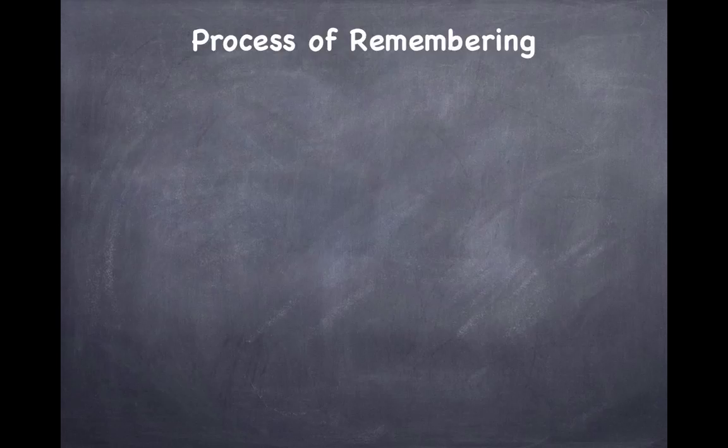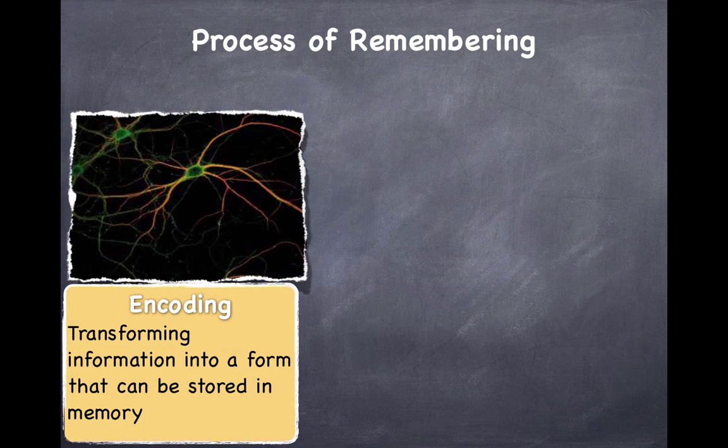There's a stream or a method by which we take note of things for remembering. It begins with encoding, and encoding is putting information into a form that our memory can store and that we'll make sense of. Now, encoding is influenced by a variety of things that include learning styles.